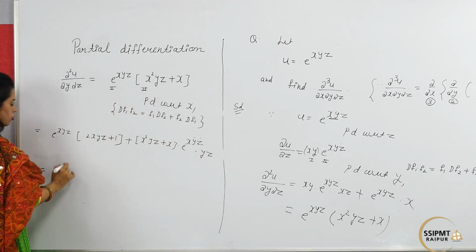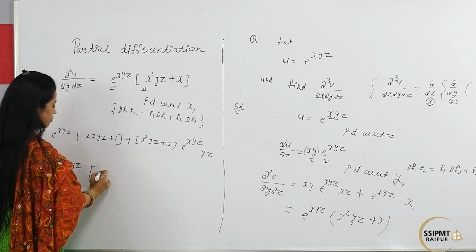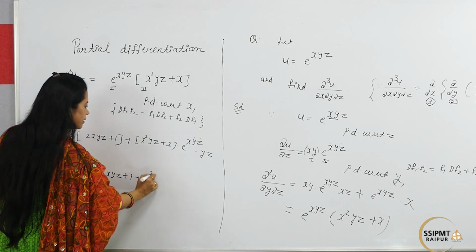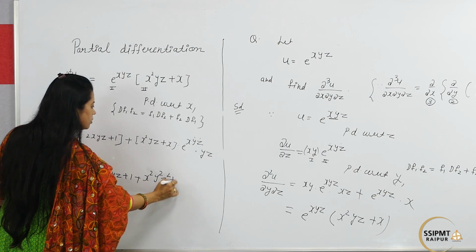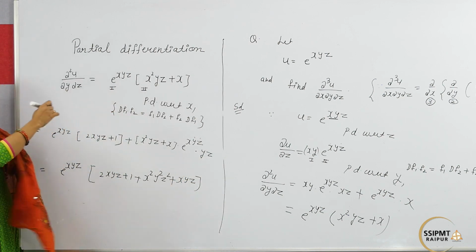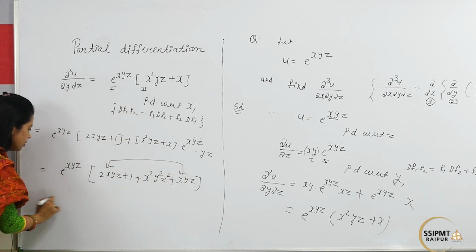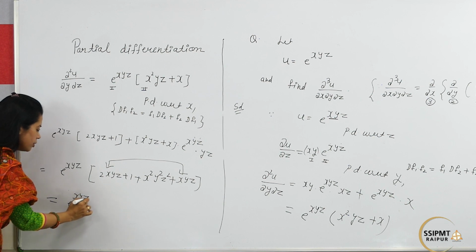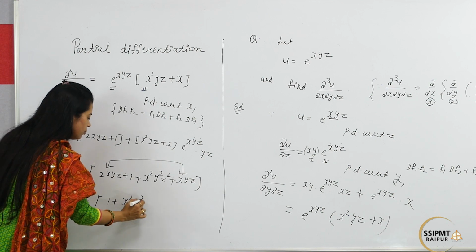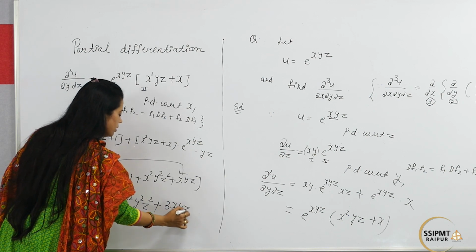So we can take e to the power xyz as common, and it will be 2xyz plus 1 plus x square y square z square plus xyz. Since these are like terms, they can be added, so it will be e to the power xyz into 1 plus x square y square z square plus 3xyz.